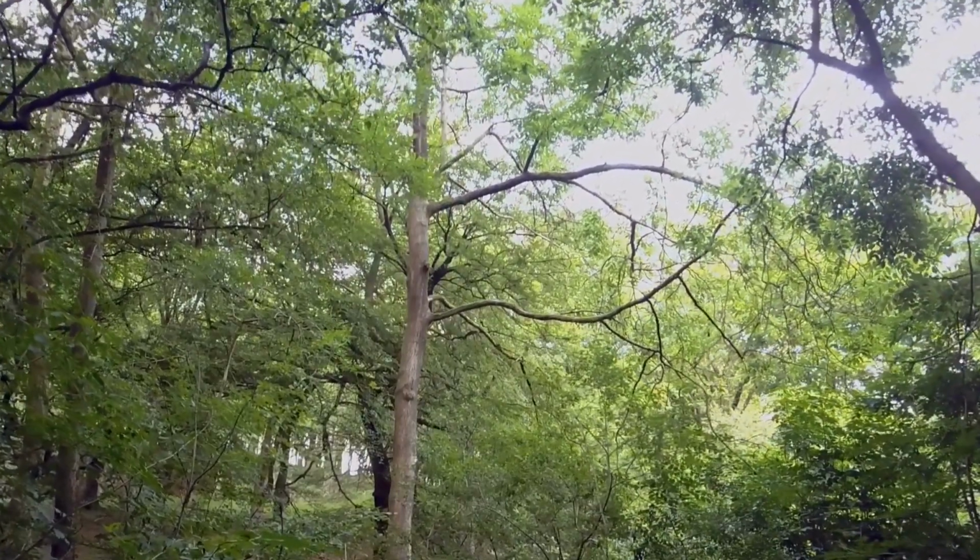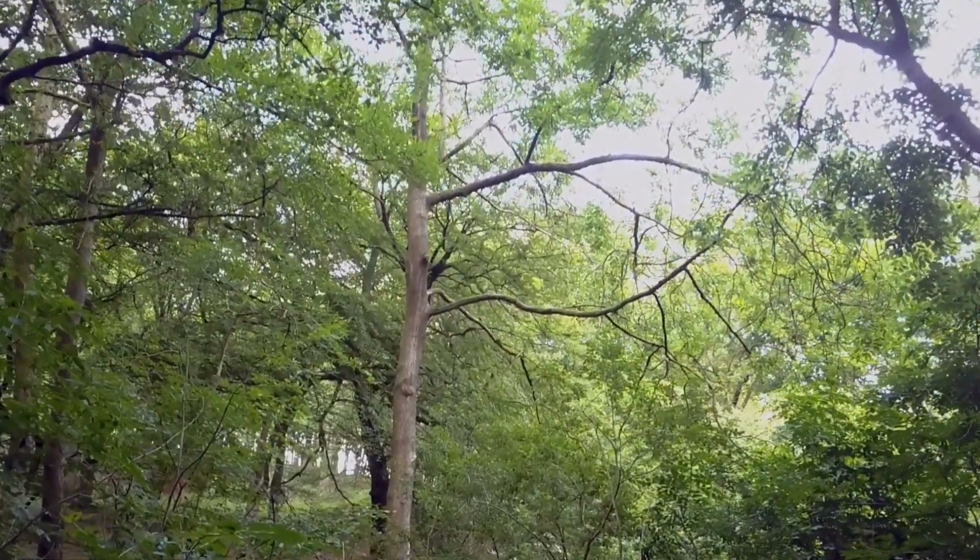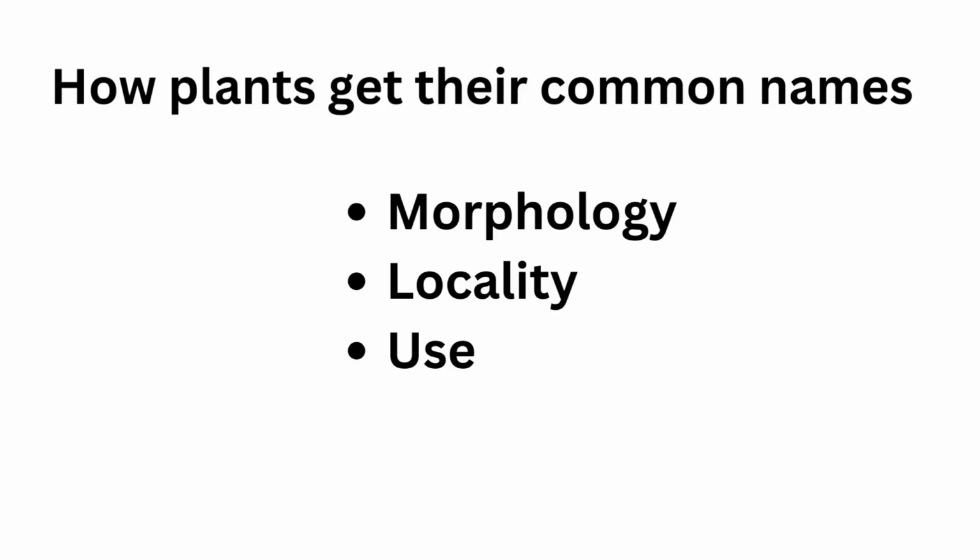In general, a plant's common name comes from one of three places: its morphology, its locality, or its use. Most English and Afrikaans names are based on morphology, and occasionally you have plants that are named after a locality or a geographical location.